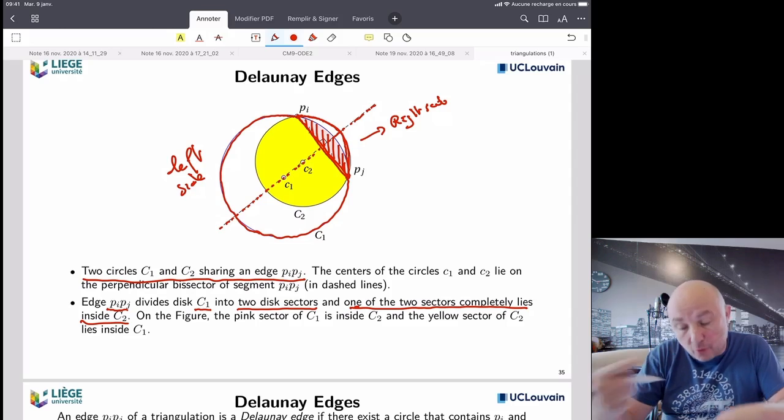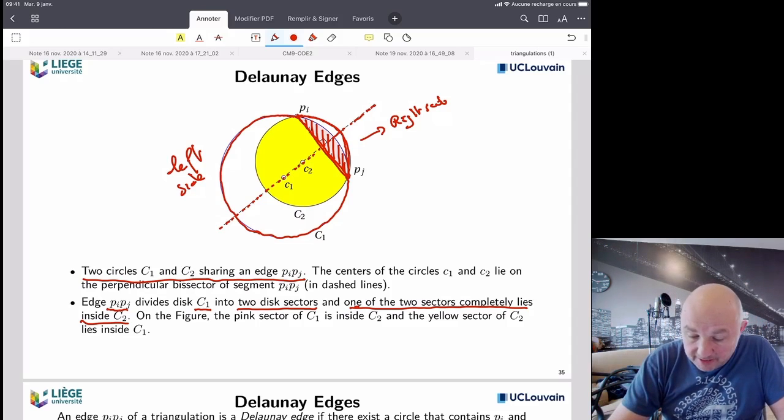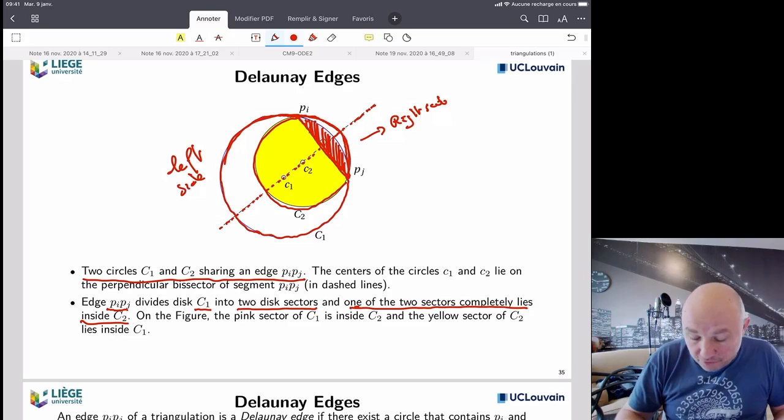And the other way around, if you look on the other side: on one side, the small disk contains a portion of the big disk, and on the other side, the big disk contains the yellow sector of the other disk. So it's just an observation.